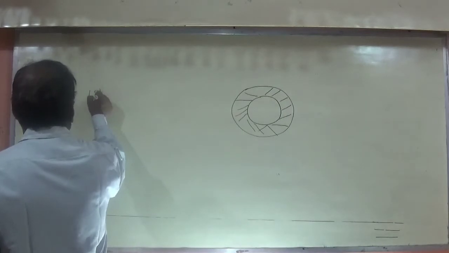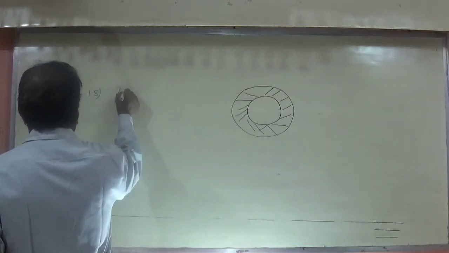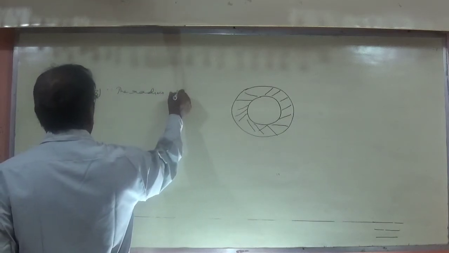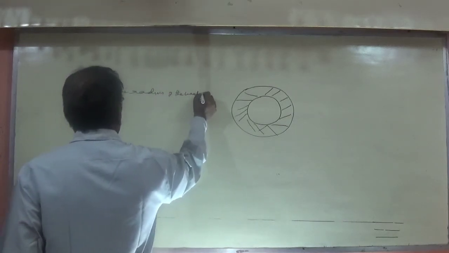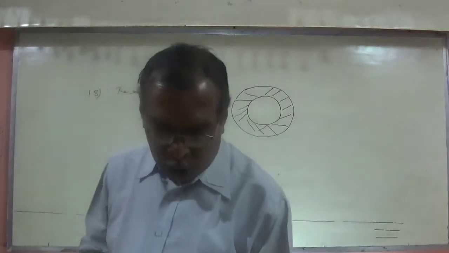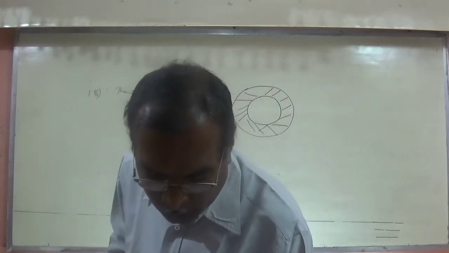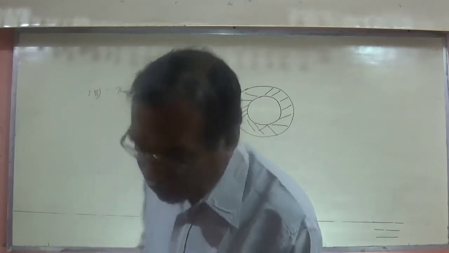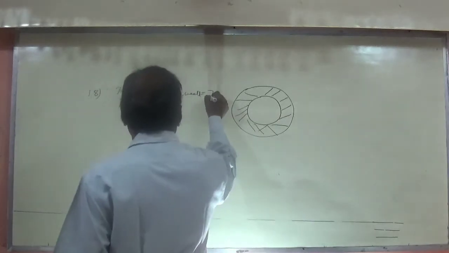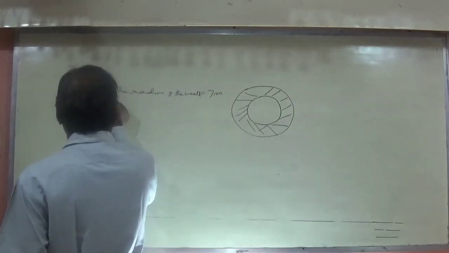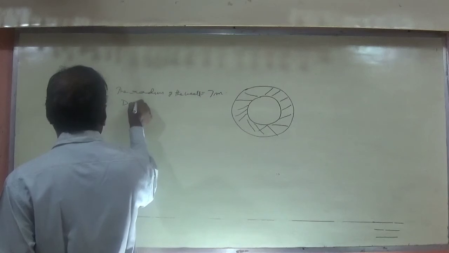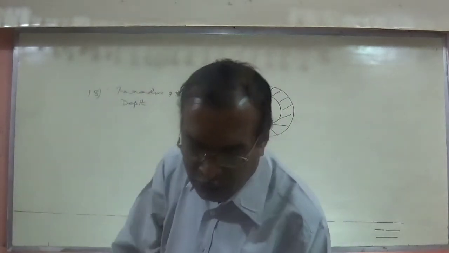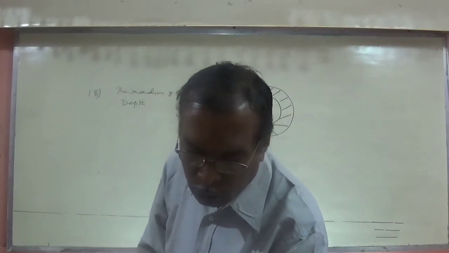Question number 18. The radius of the well, which is given as how much? The inner diameter is 14 meter, so the radius is 7 meter. And the depth, or height of the cylinder, is given as 12 meter.